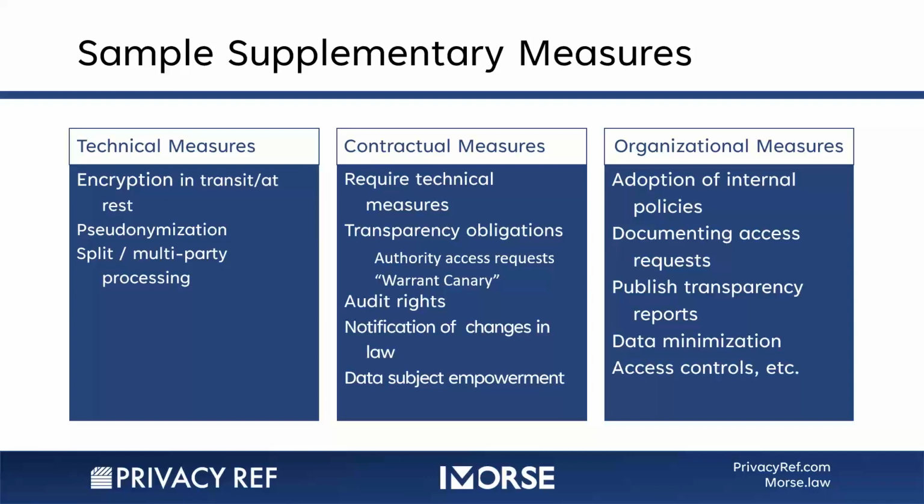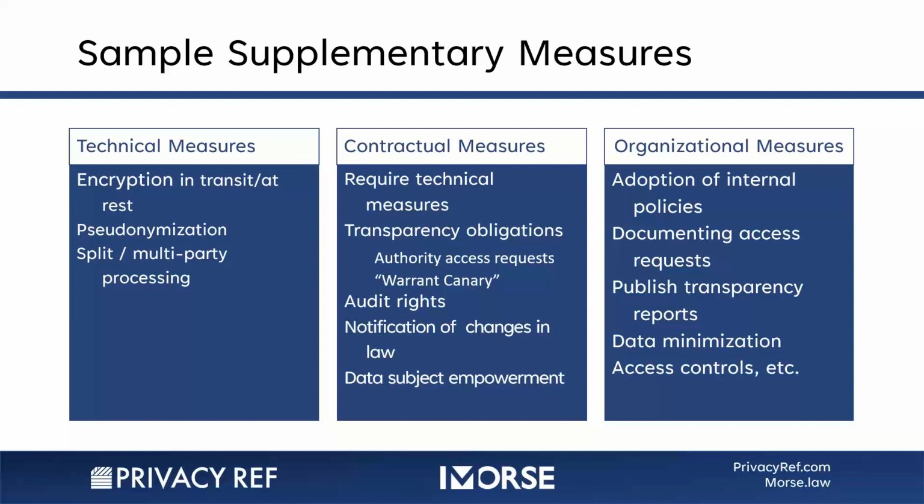If you send pseudonymized data and the importer doesn't have access to the identifying data represented by that token, it's not personal information to them. You have to be careful to make sure that other aspects of the data that are transferred, other characteristics, don't uniquely identify an individual, but it's one way that you can do that transfer.